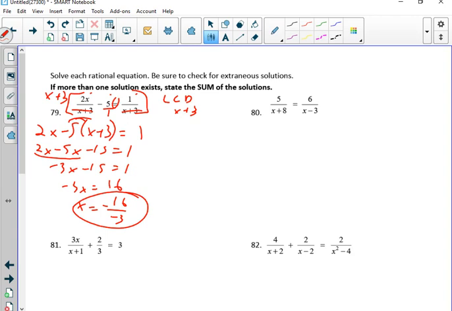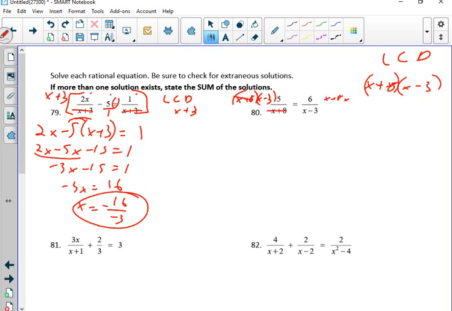All right, here, our LCD is x plus 8, x minus 3. Now what we're going to do is multiply by x plus 8, x minus 3. But notice those cancel. I'm going to do the same thing here.